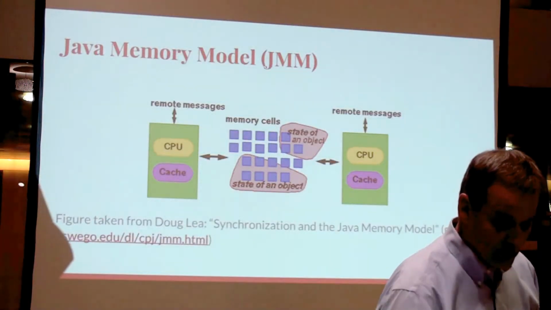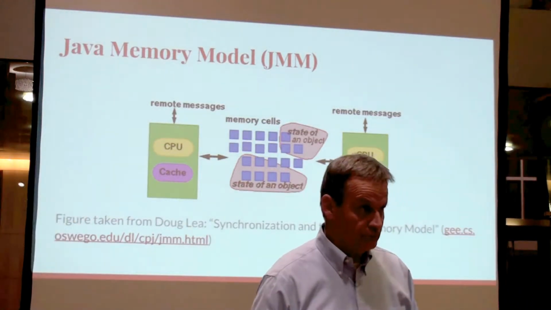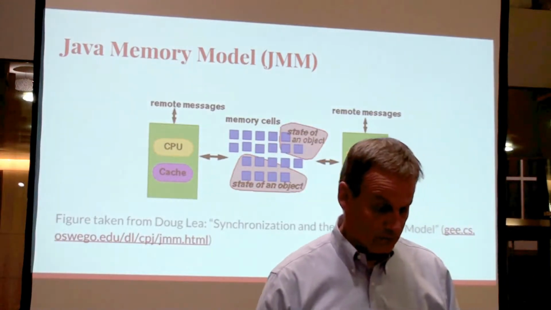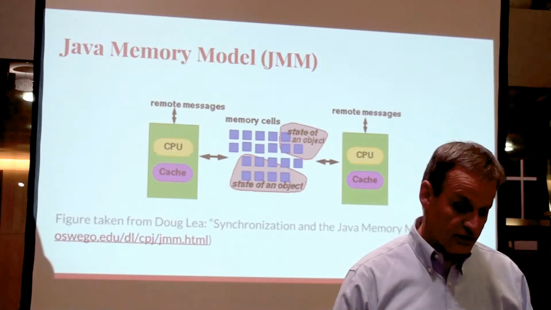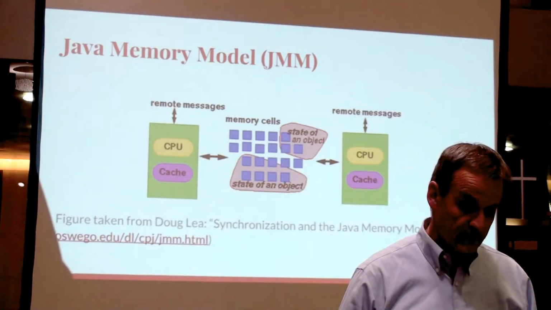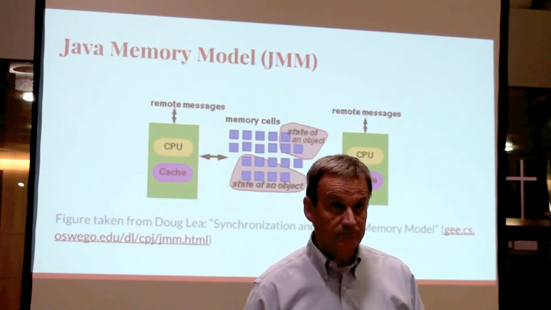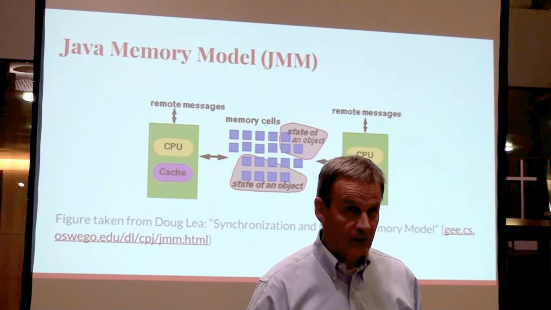So volatile, in order to understand the meaning of volatile, you have to understand the Java memory model. And the Java memory model says that potentially every thread could run on its own CPU. And CPUs have local cache.